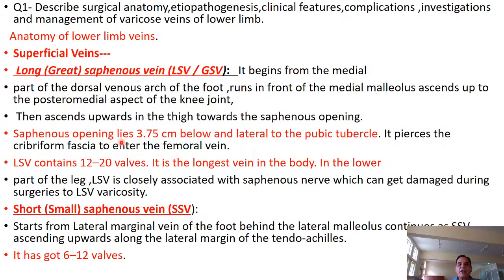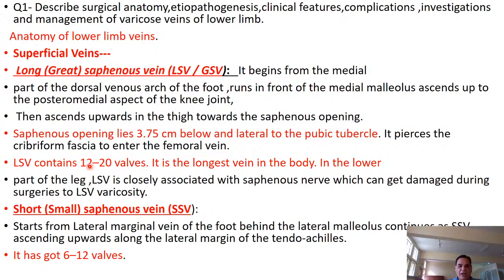It is 3.75 centimeter below and lateral to the pubic tubercle. This you should never forget. And what happens here? At this point, this LSV or GSV is entering into the femoral vein through the cribriform fascia. Okay, so LSV or GSV is terminating into the femoral vein.